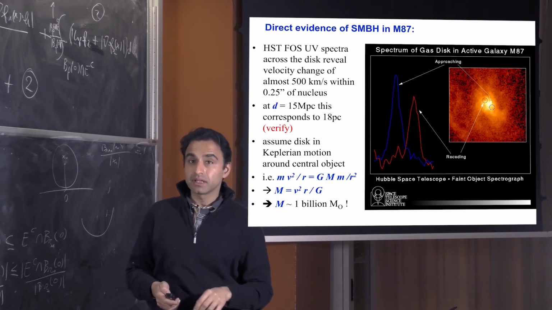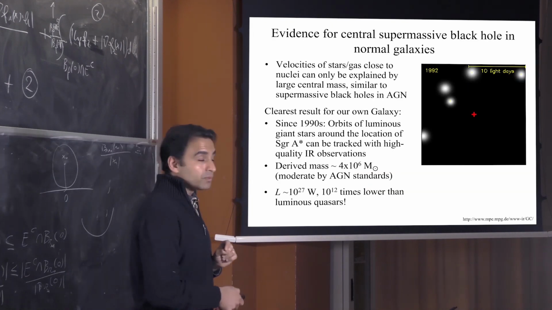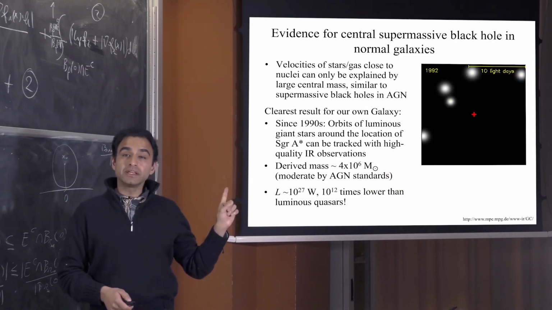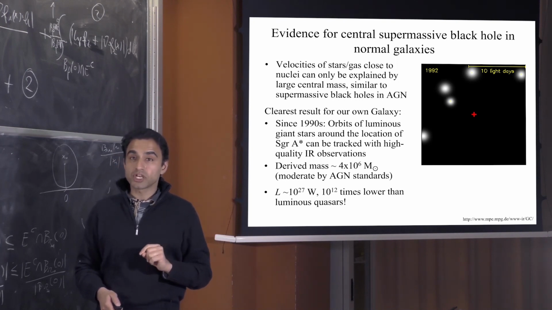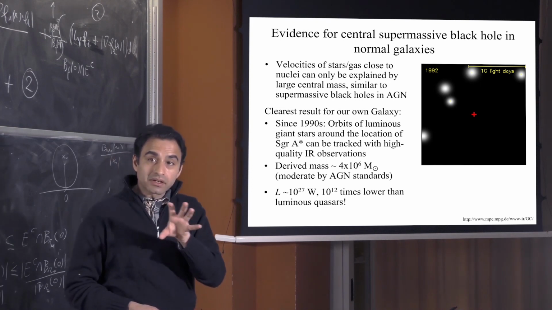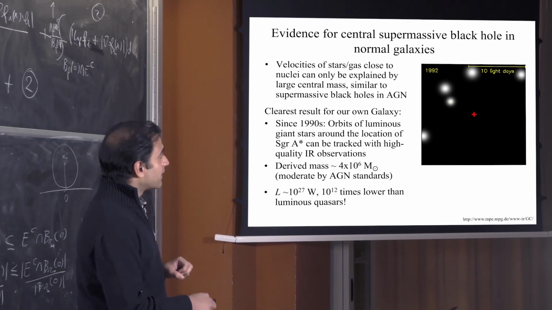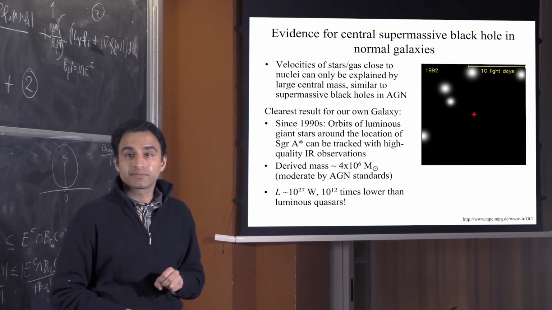For example, I would like to show you the example of our own galaxy. This is our own Milky Way. We do see the presence of a massive dark object. So this is, let's say, the center of our galaxy, and this is the monitoring of the orbits of stars around the center of our own galaxy.